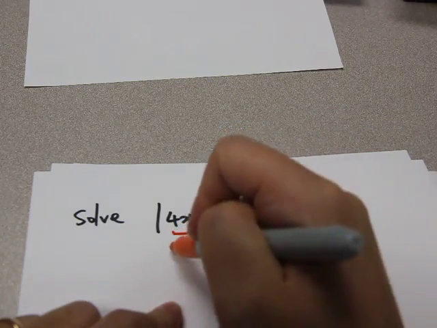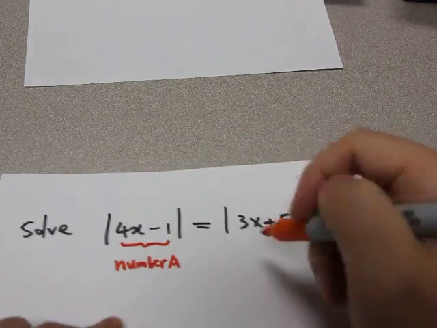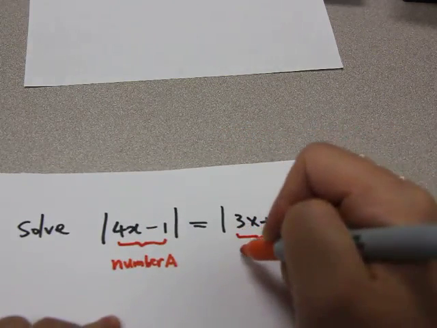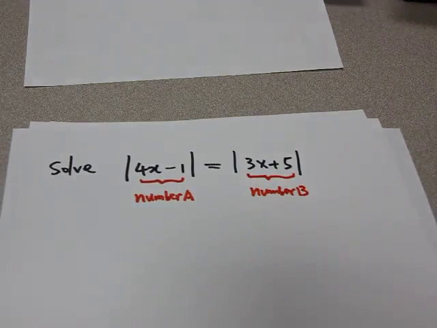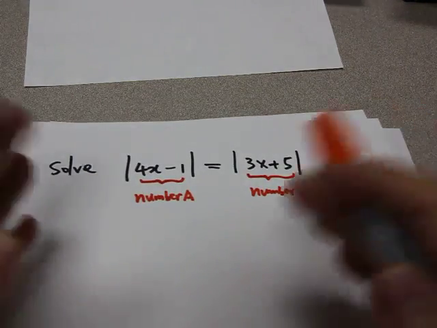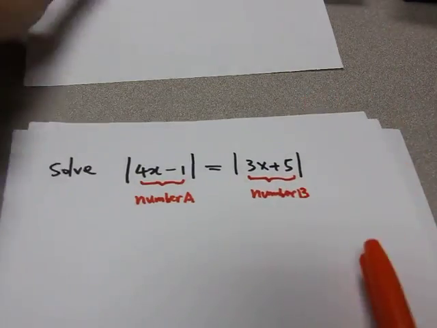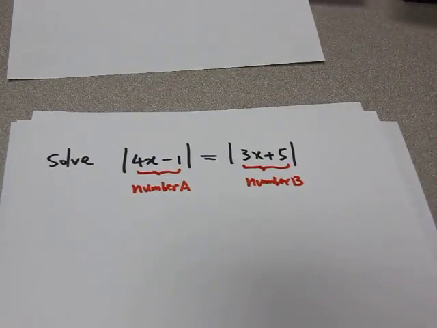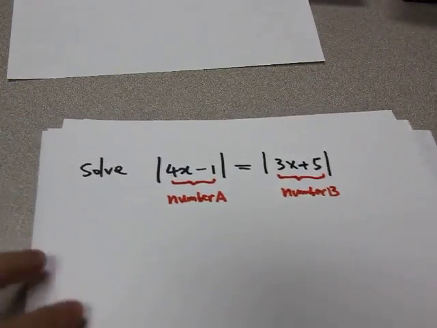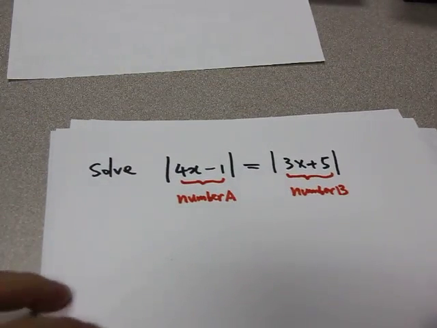So this is a number A, and this expression is our number B. Now, what I know is these numbers, after they pass this door, they are equal. So according to our discussion, we know there exist two possibilities.